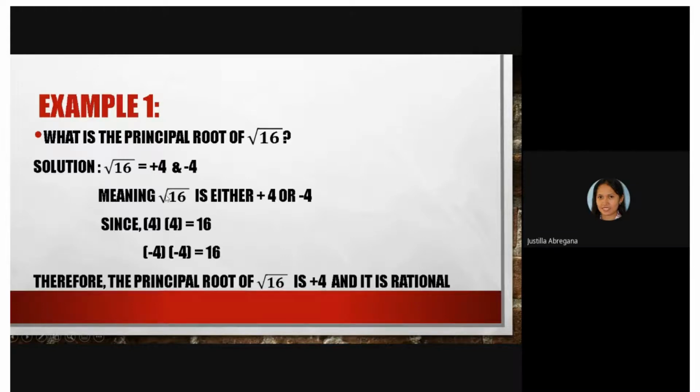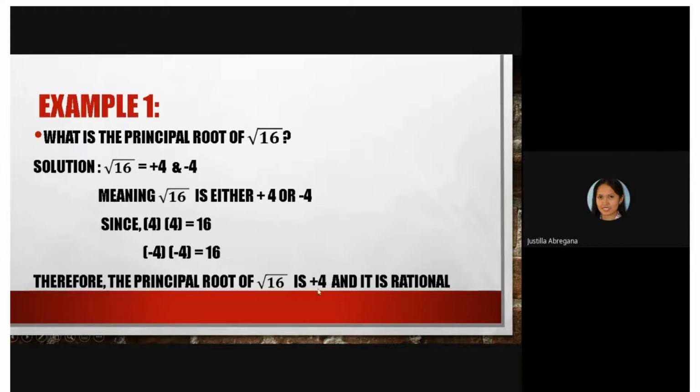So meaning, the square root of 16 is either positive 4 or negative 4, since 4 times 4 equals 16, and negative 4 times negative 4 is still positive 16. But we go back to the definition of the principal root, that it is the positive root. Therefore, the principal root of the square root of 16 is positive 4.